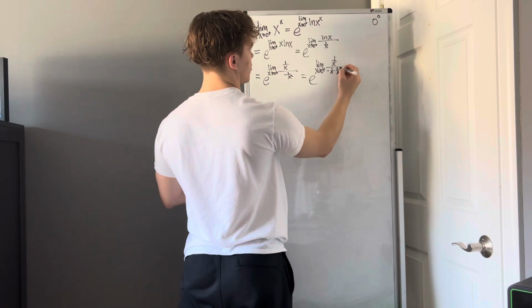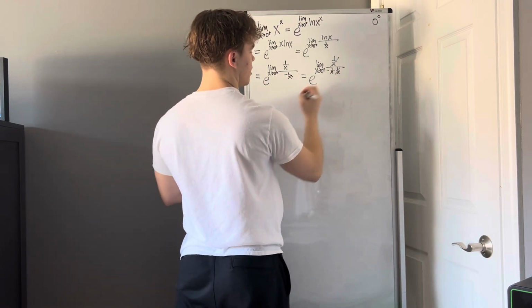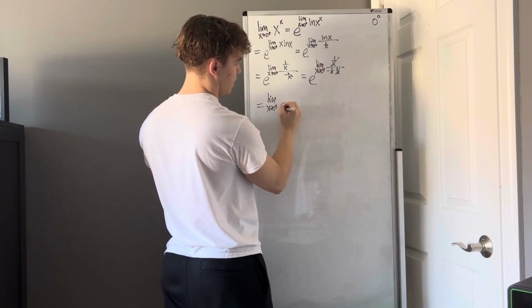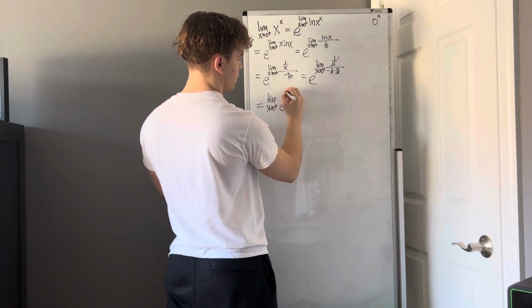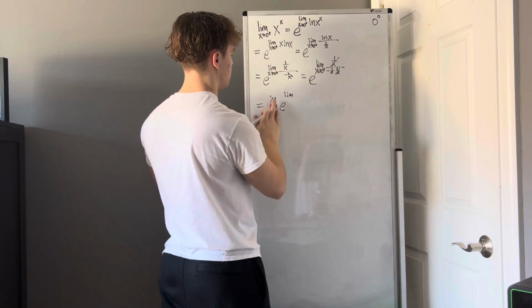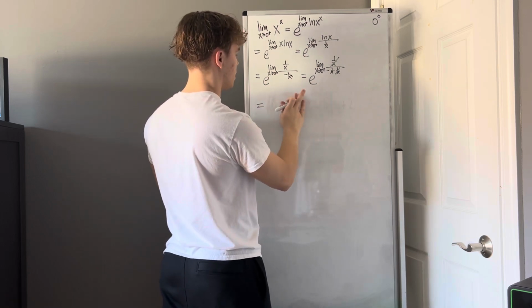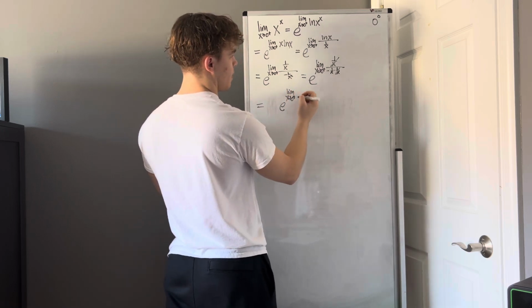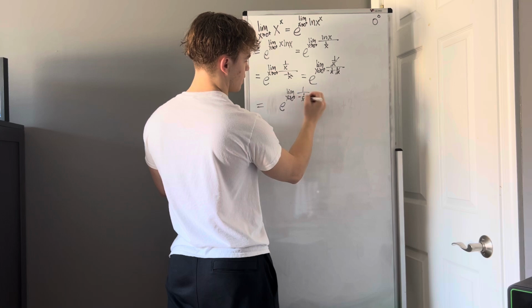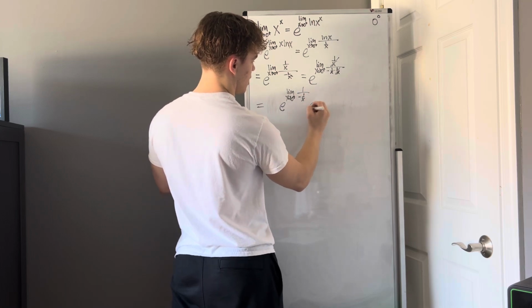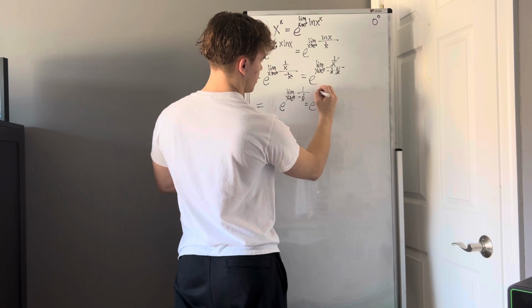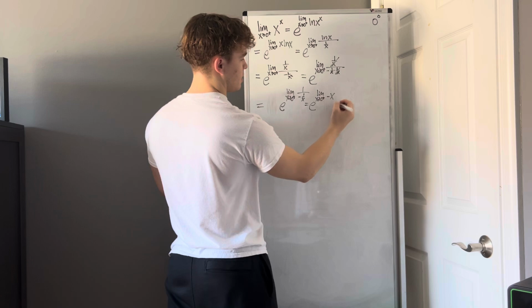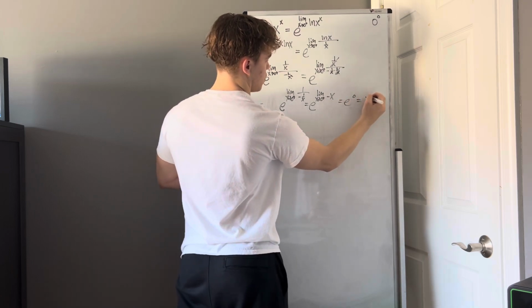So let's cancel our 1 over x's. We get e to the limit as x approaches 0 from the positive of 1 over negative 1 over x. This is just e to the limit as x approaches 0 from the positive of negative x. That's e to the 0, and that's 1 once again.